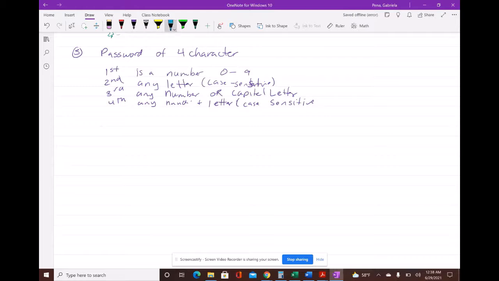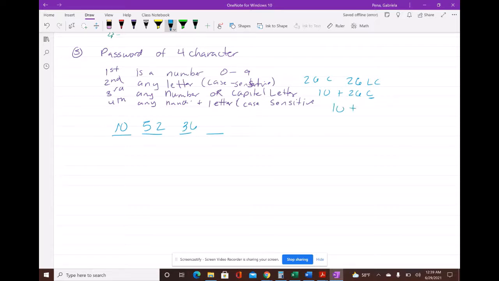Now that I know that, I have 4 characters. The first one has to be 0 through 9, so I have 10 possibilities. Then any letter, case sensitive, that means 26 capitals and 26 lowercase, so that gives me 52 possibilities. The third one, any number or capital letter, so 10 numbers plus 26 capital letters, that means we have 36.